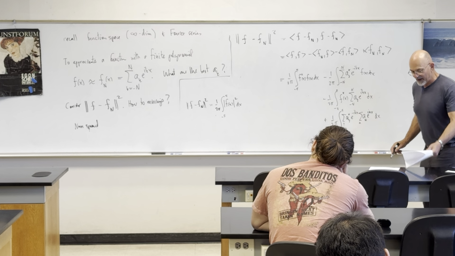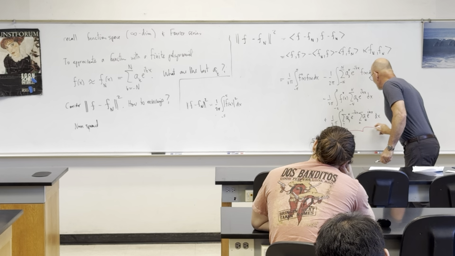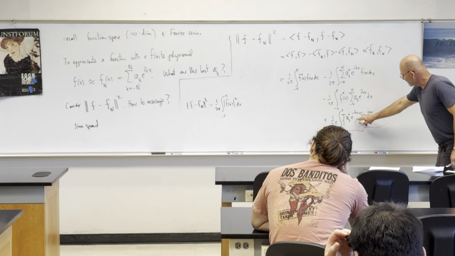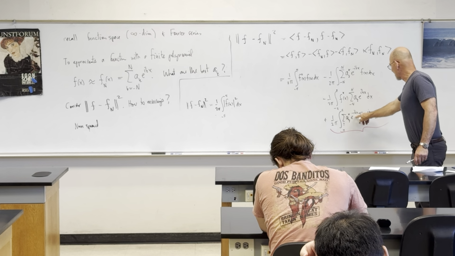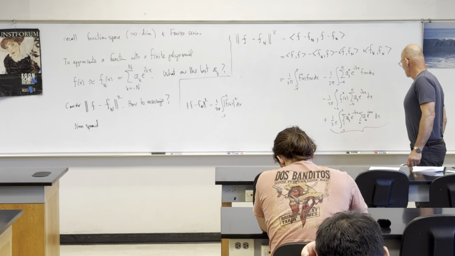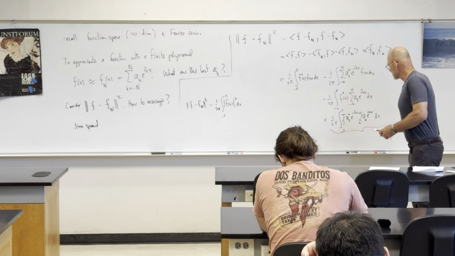This last one we actually want to deal with because we have the Kronecker delta there for those e to the minus I kx, e to the I nx.